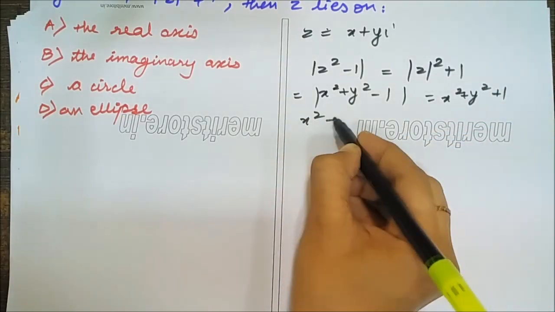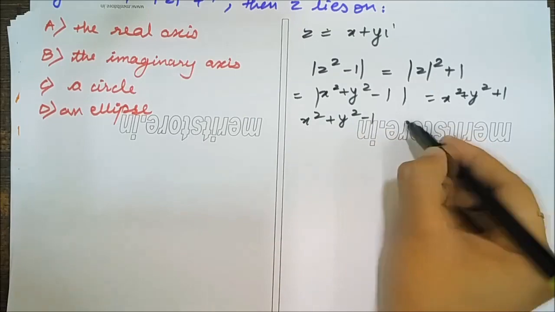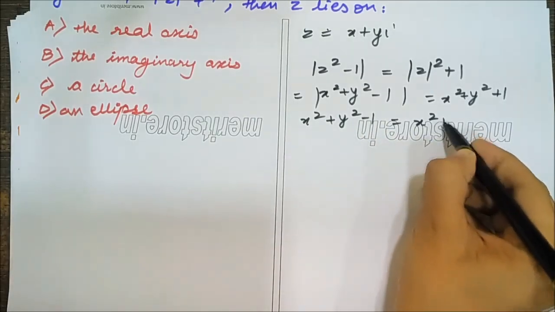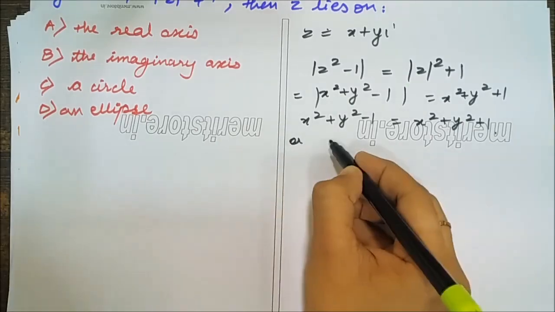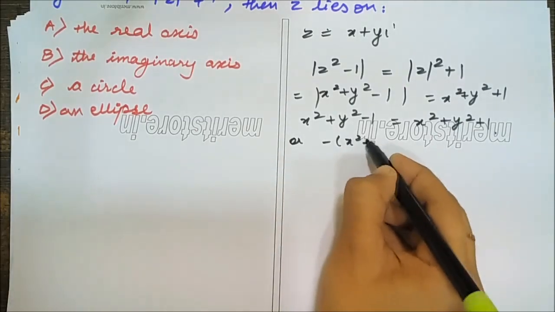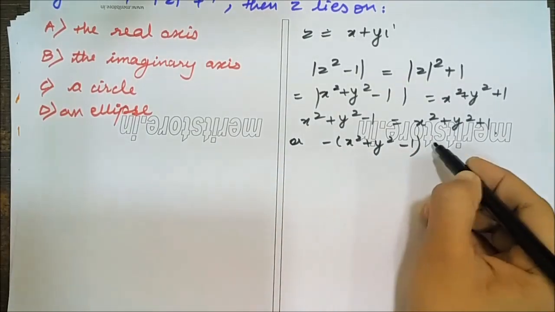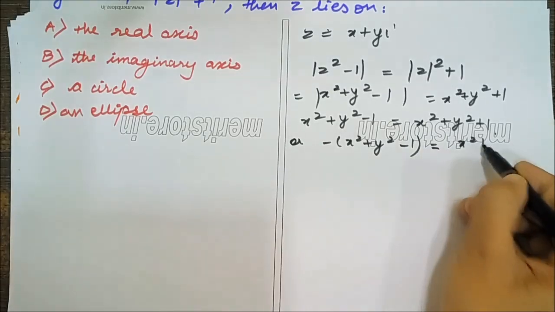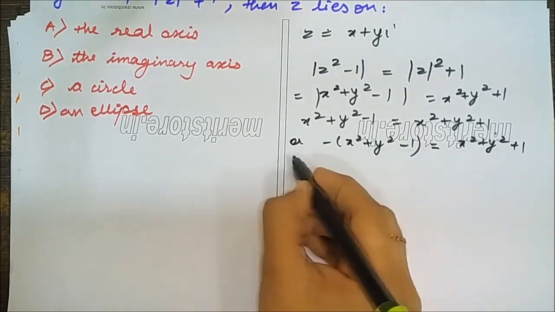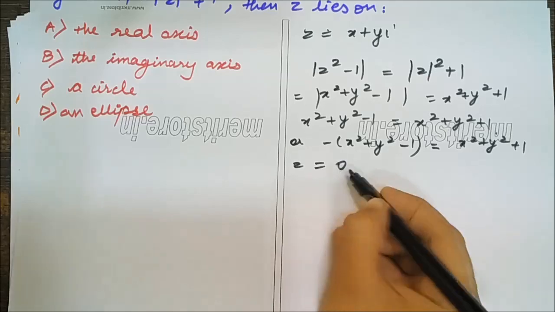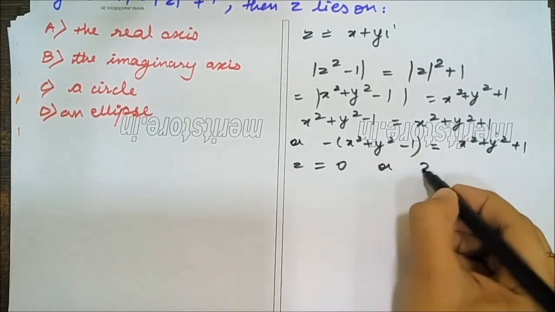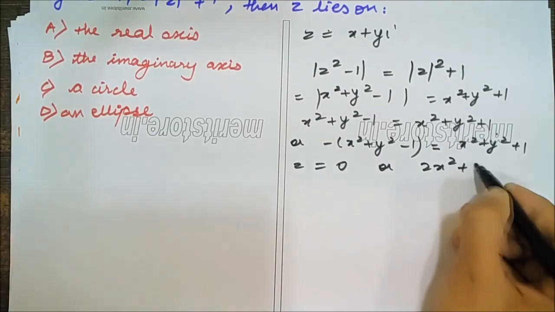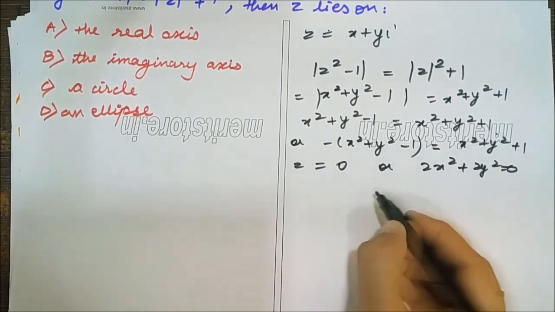So x square plus y square minus 1 is equal to x square plus y square plus 1, or x square plus y square minus 1 minus x square minus y square minus 1. Now here 2 is not equal to 0, or 2x square plus 2y square is equal to 0.